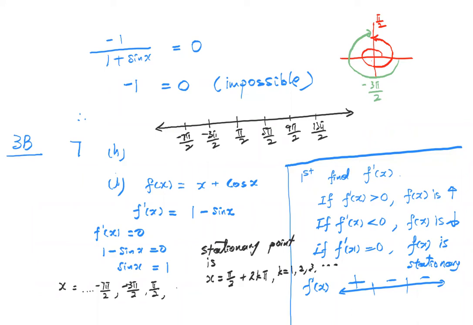And my x also can be pi by 2 minus 2k pi, where my k is also positive integer. So there are two situations, correct?